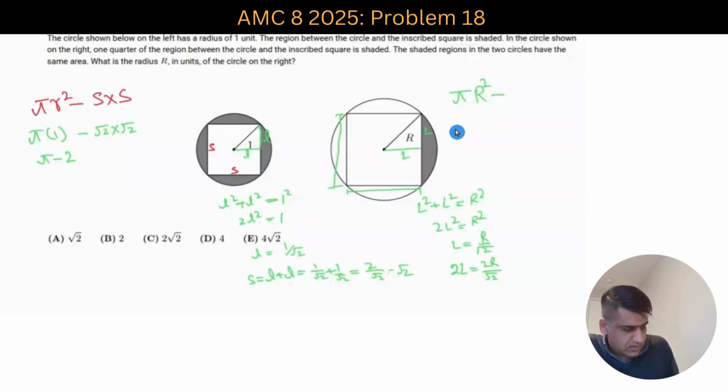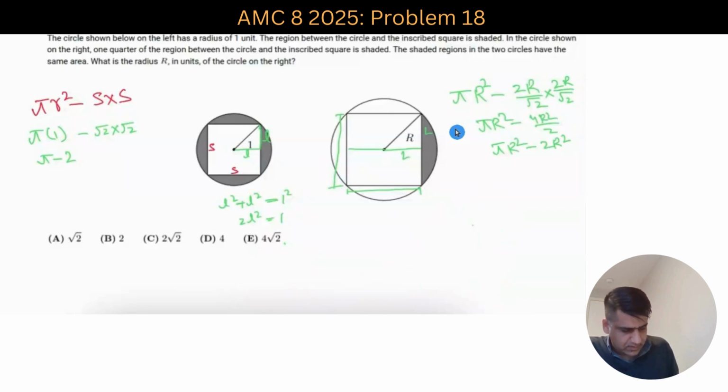That 2L actually represents this whole length of the edge. And pi r square is now the area of the whole circle, and I am subtracting from there this. So I also have to now multiply this by 2R over 2. So then I will be having pi r square minus 4R square over 2, and then I'll have pi r square minus 2R square.